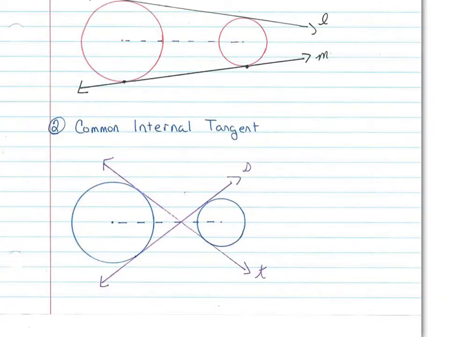A common internal tangent, notice, is a common tangent that intersects the segment whose endpoints are the centers. So this one does intersect the segment whose endpoints are the centers. It's a common tangent that intersects the segment.